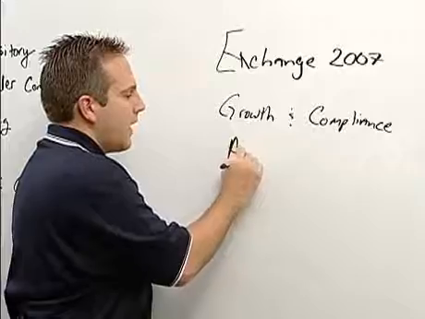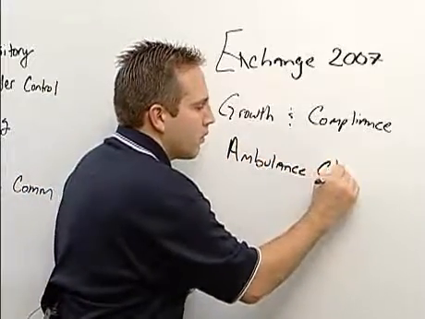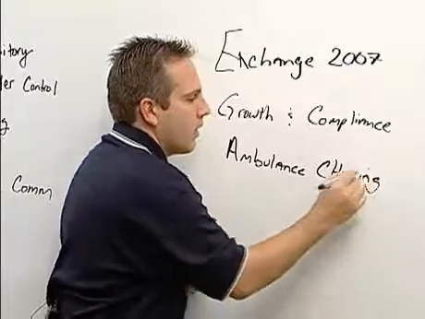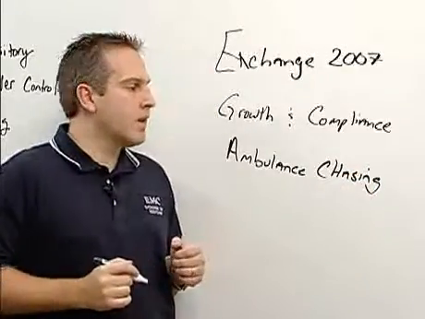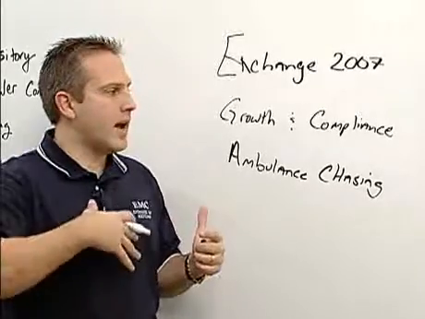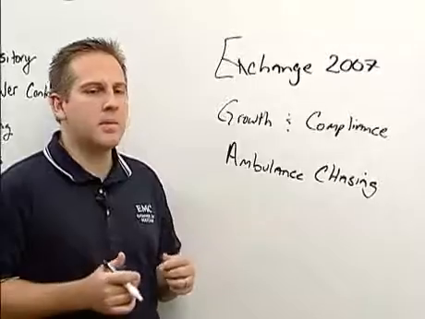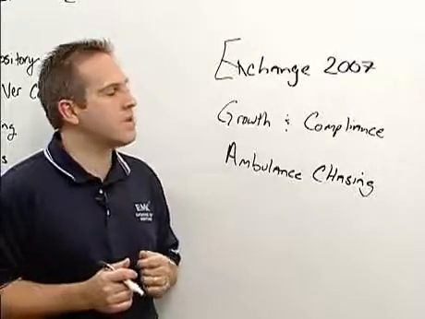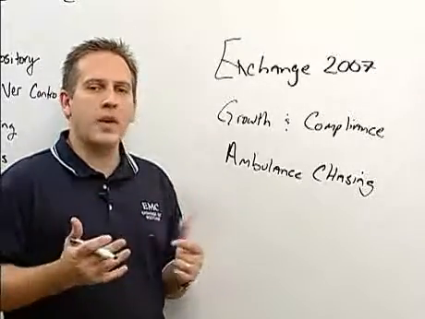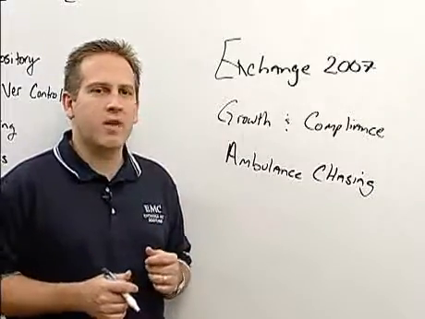So compliance is a real driving force for opportunities around Exchange. Another one is ambulance chasing. And what do we mean by that? Well, as I mentioned, Exchange can be finicky. It has a lot of potential problems, performance problems. It has all these dependencies, as we mentioned. And so when a problem occurs in the email system, it's hard to identify where this is coming from.